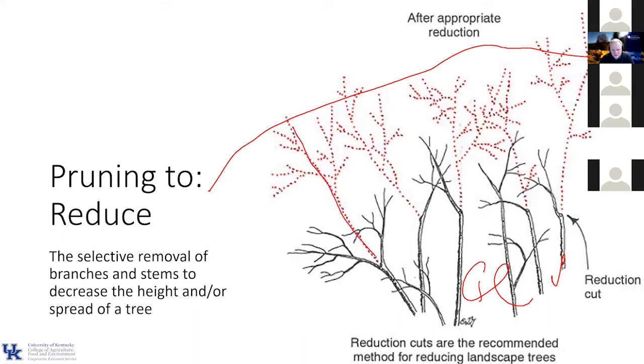You're reducing generally the outside limbs of a tree. Looking at every single one of these cuts in the diagram, each one of these cuts is made back to a living point, which is a huge concept in pruning. You always prune back to a living point, which is a bud or a branch, but you'll notice that each one of these cuts is made back to a smaller branch. That's a classic reduction cut.